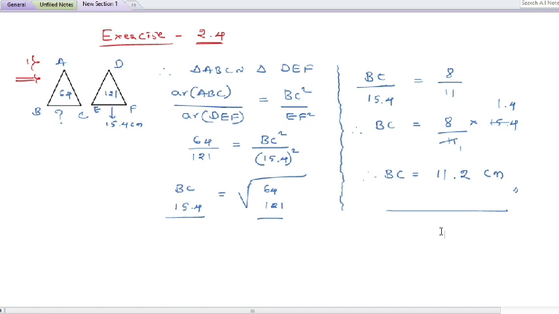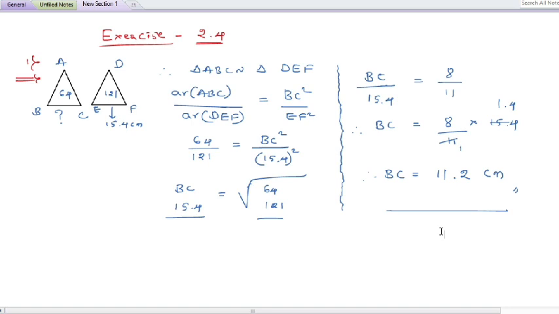If EF is equal to 15.4 centimeter, find the value of BC. See the figure here, what is given? ABC and DEF are similar triangles and ABC area is 64 and DEF area is 121. EF side is given, BC side is asked.